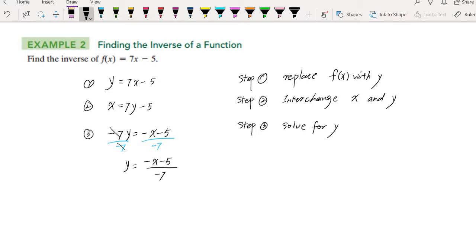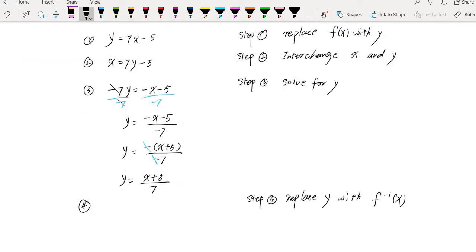I'm going to simplify it a little bit. I can take the negative out, that will be x plus 5, and then we have negative 7. The negative sign is going to cancel out. Then we're going to have y equal to x plus 5 over 7. Step 4, we have f inverse of x equal to x plus 5 over 7. So that is your final answer right here.